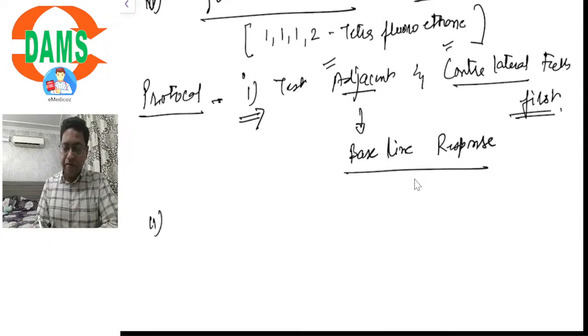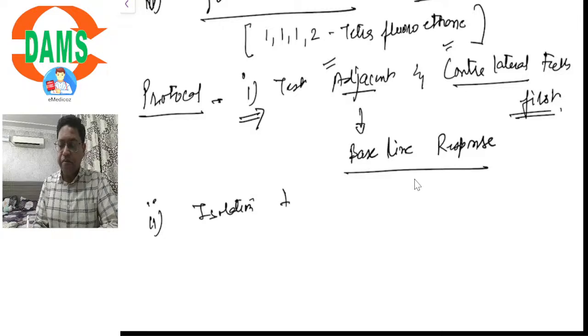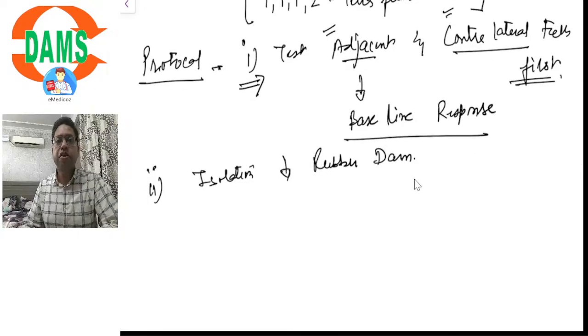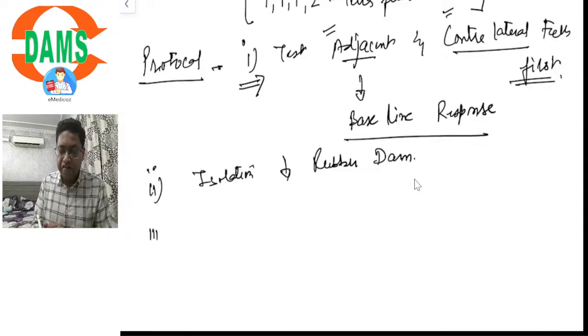The second cardinal principle that is to be followed is isolation under rubber dam. When we are testing the pulpal status of a particular tooth, the stimulus should be applied onto that tooth only and not to any other adjacent tooth. So isolation of that particular tooth is important so that we do not get false readings from the adjacent teeth. And the third principle is direction of testing.